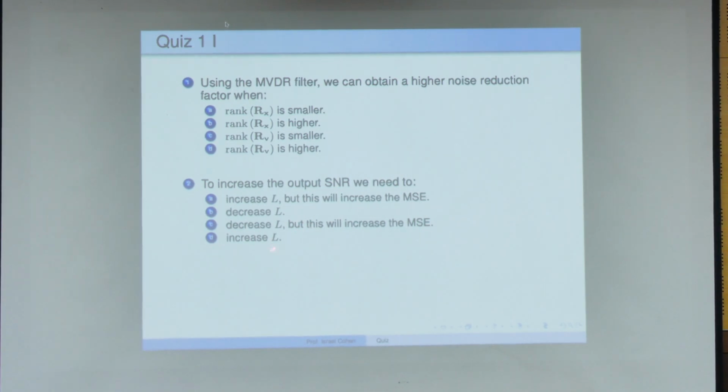If we increase L, we use more information because we use the correlation between any two samples, that means the correlation between distant samples. That's why we can increase the output SNR. Actually, when we increase L, what happens to the mean squared error? Decrease. So the output SNR increases and the MSE decreases. Okay, let's move on.